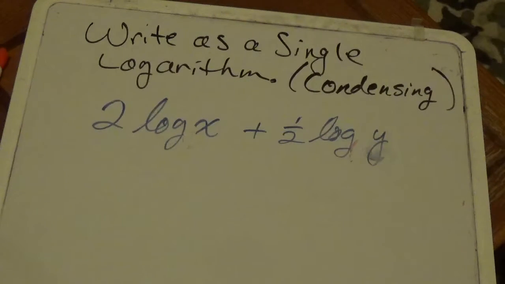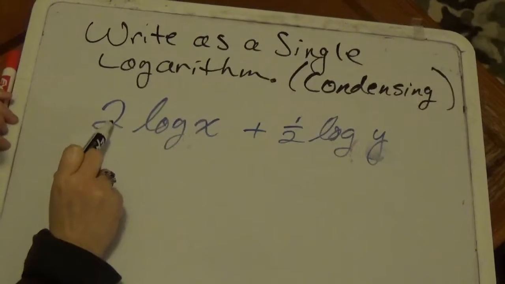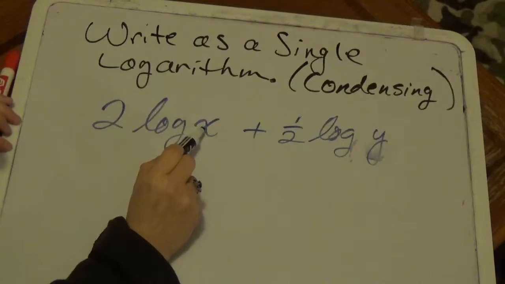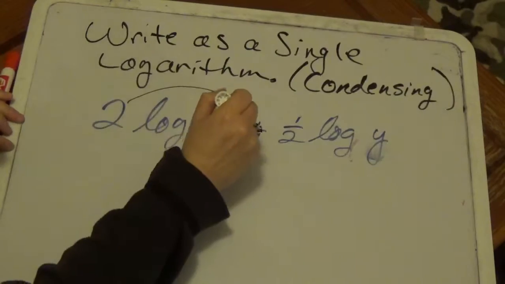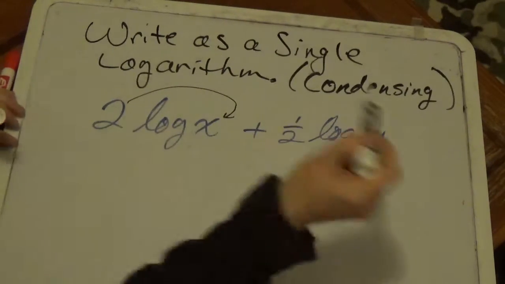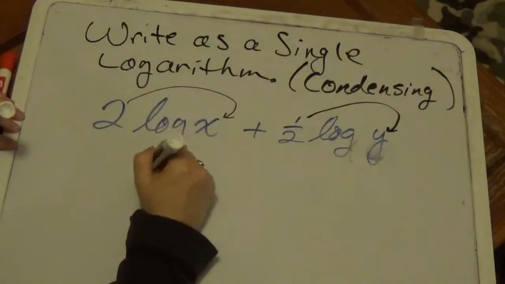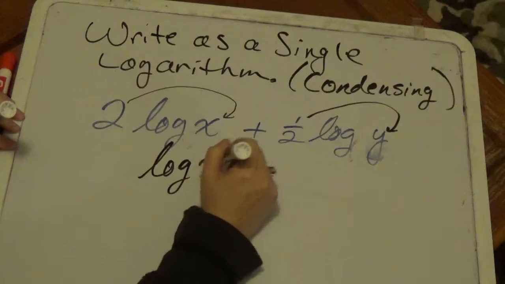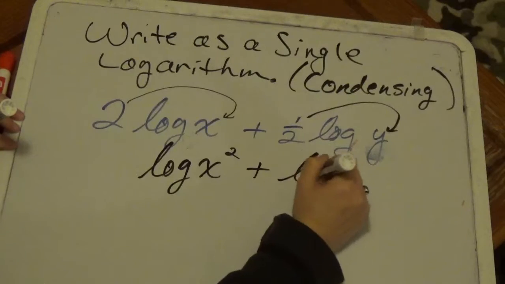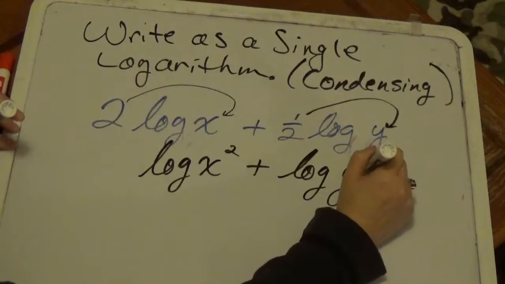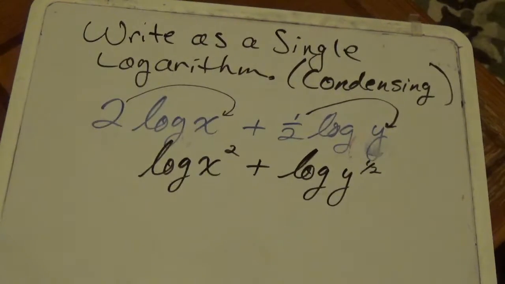So the first thing we do is, since this 2 is only the coefficient for the log of x, we're going to take the 2 and attach it as an exponent of x. Same thing with the 1/2, attach it as an exponent of the y. So this is log of x squared plus log of y to the 1/2.